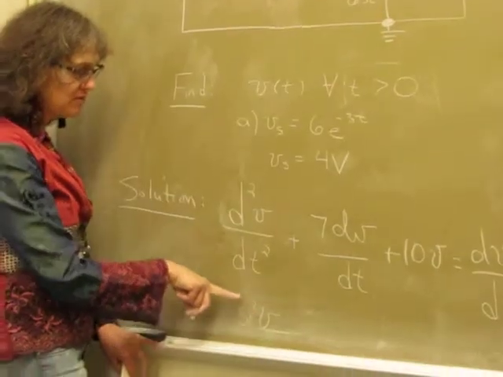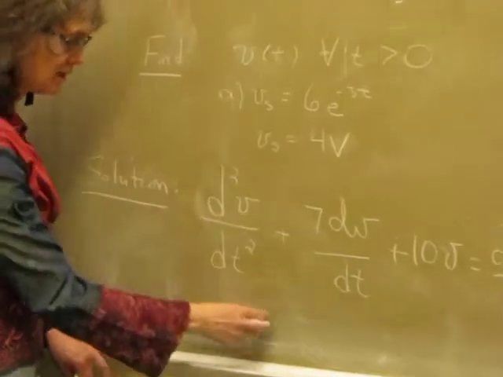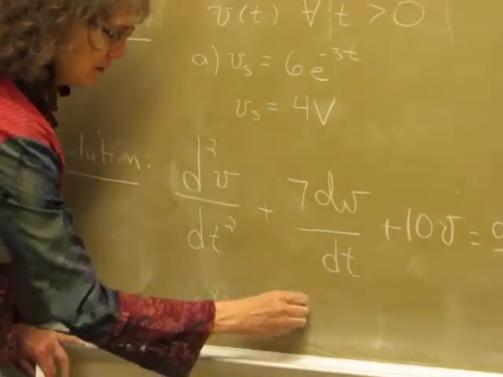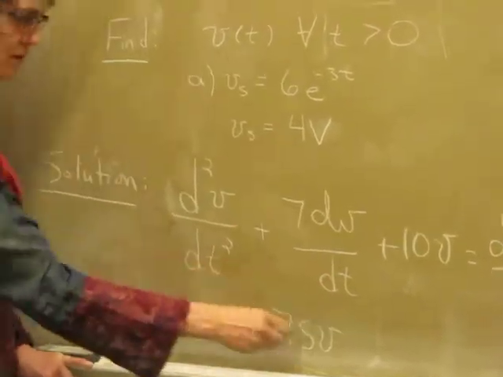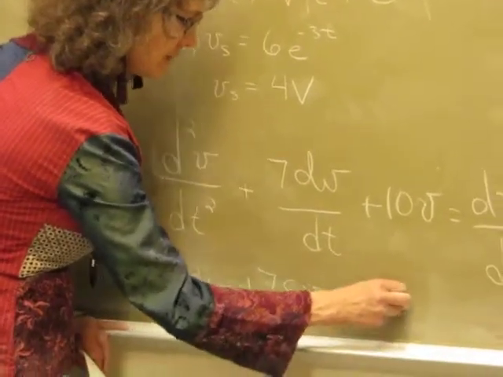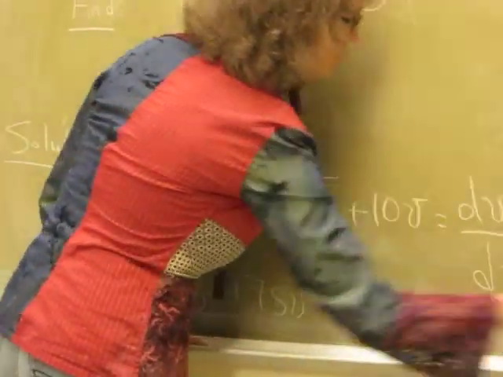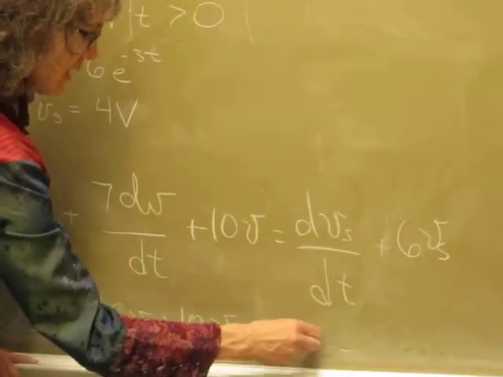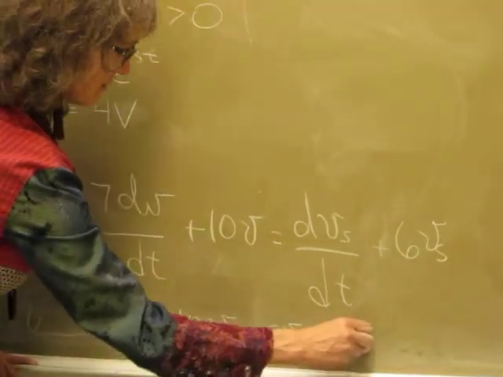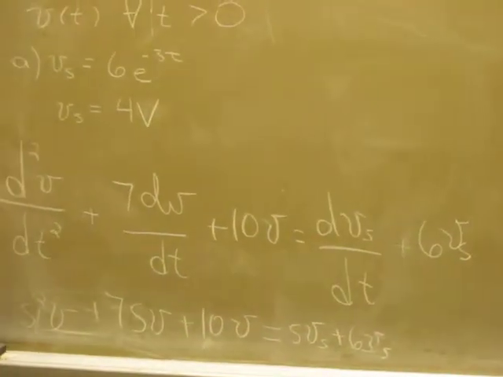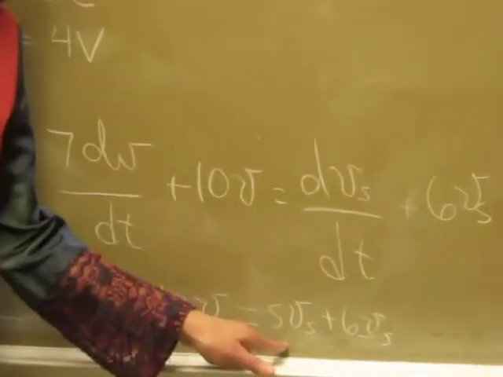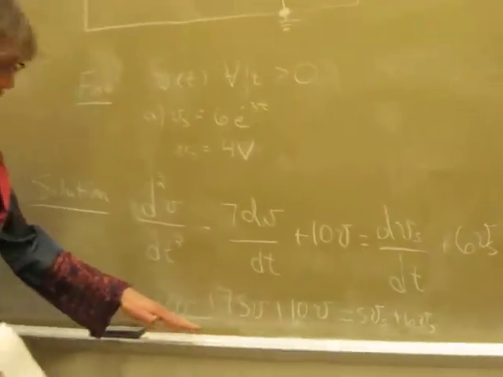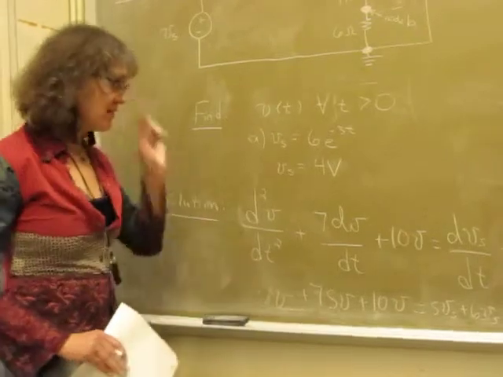The S squared means the second derivative of V with respect to t, plus 7 SV, because this is the first derivative, and then plus 10V is equal to, and then on this side, it would just be SVS plus 6VS. Remember, VS is our voltage source, and it could be a function of time. It probably is. So here's the equation using the S operator.